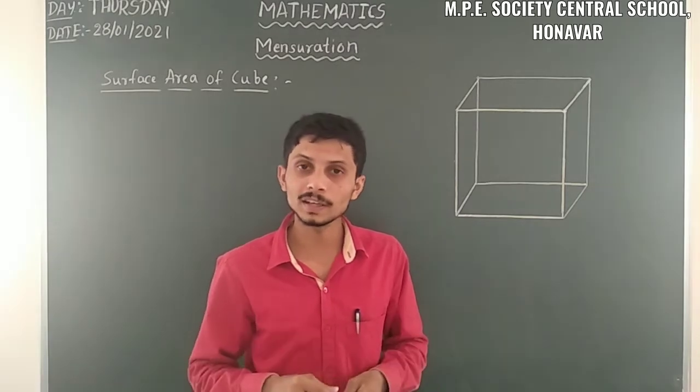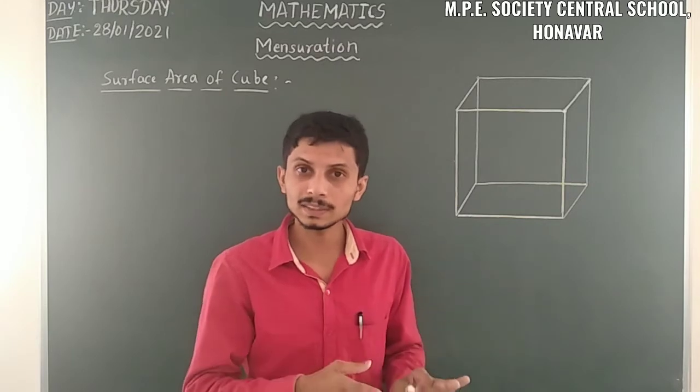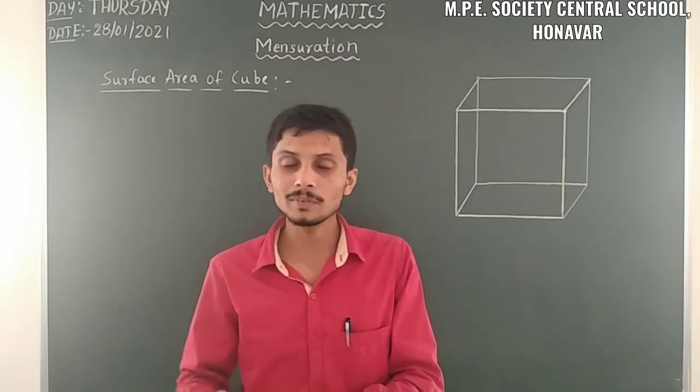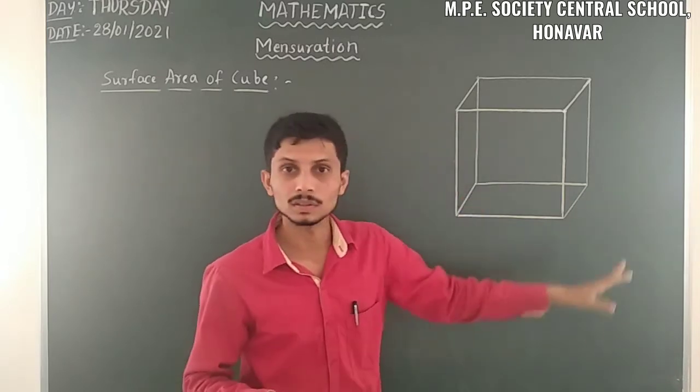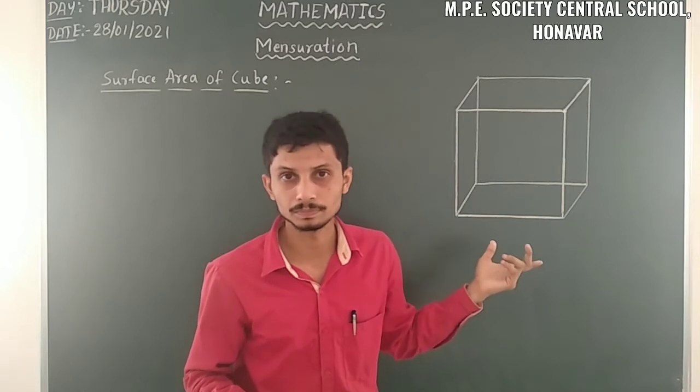So it is very easy for us to calculate with the help of the surface area and lateral surface area of the cuboid.